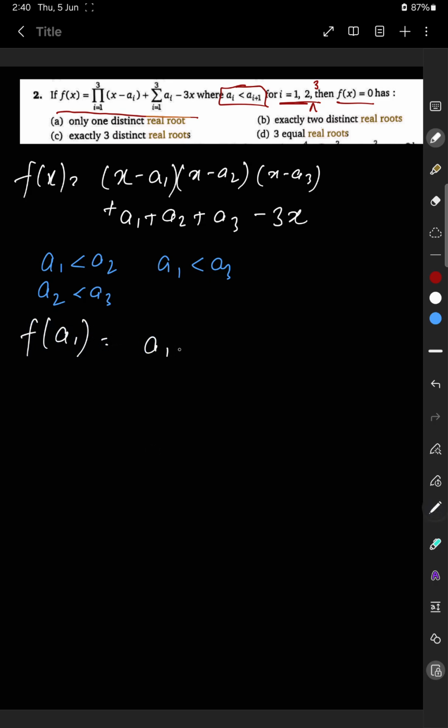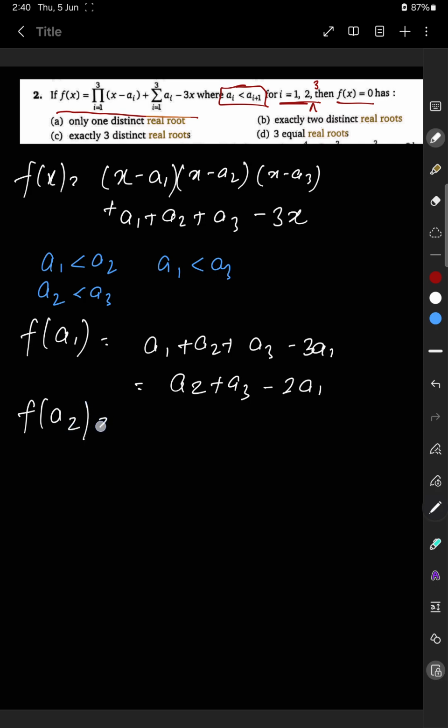We get a1 plus a2 plus a3 minus 3a1, which is equal to a2 plus a3 minus 2a1. Similarly, f of a2 is equal to a1 plus a3 minus 2 times a2.